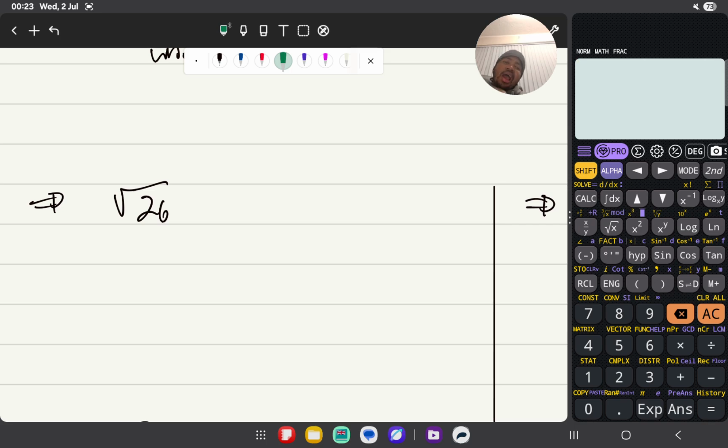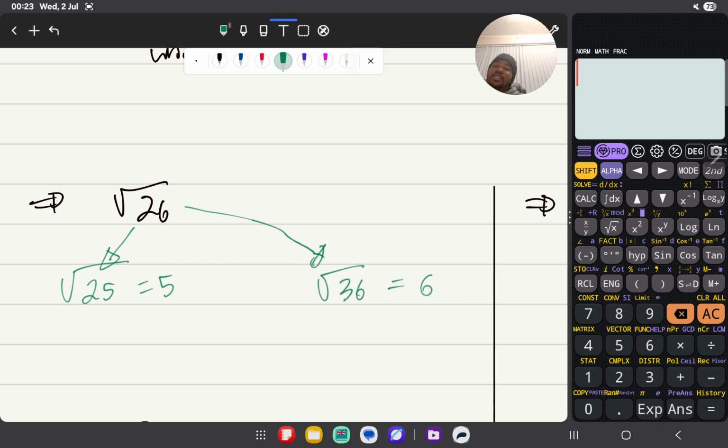I think verbally I'm failing to put this in the right way, but with examples you will see what I'm trying to say. So we have the square root of 26, and we also have the square root of 25, which is 5. And after that, the following square root that we know is the square root of 36, which is 6.